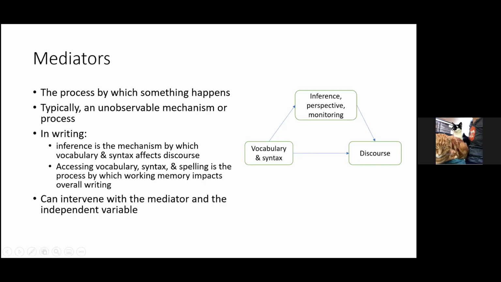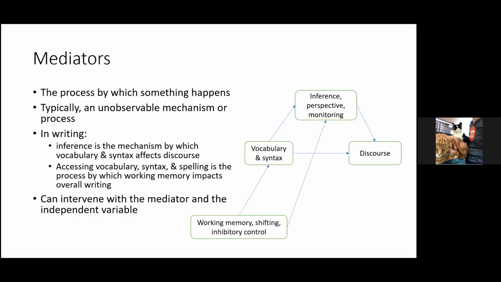Also, we know this other mediating variable, vocabulary and syntax, is mediating our working memory abilities, which then impacts inferencing, perspective taking, and monitoring as well.